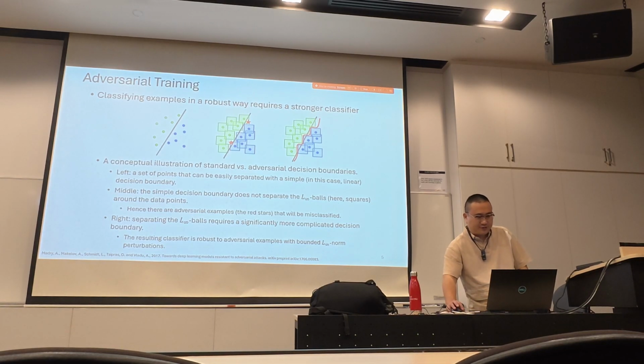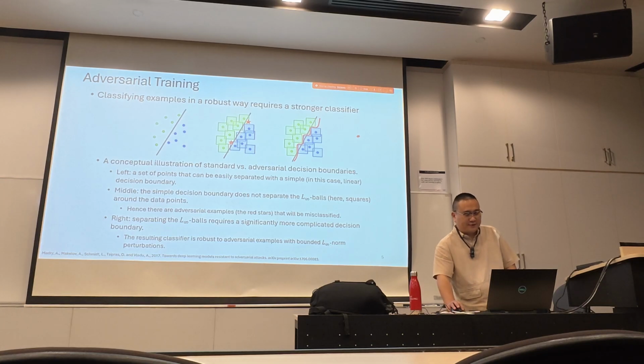Okay, and here's the question. Given a clean input, if we are generating adversarial perturbations using the L infinity norm, the allowed region can be seen as a utility space. That is the square. Inside the square, all the points are clean input plus adversarial perturbations in terms of the L infinity norm.